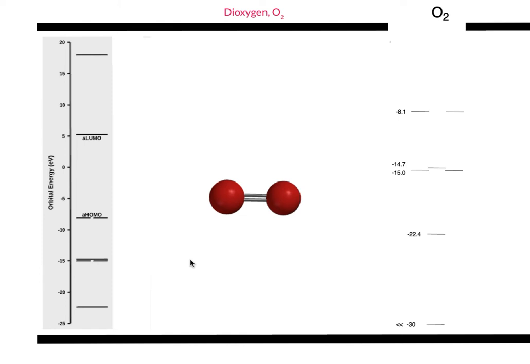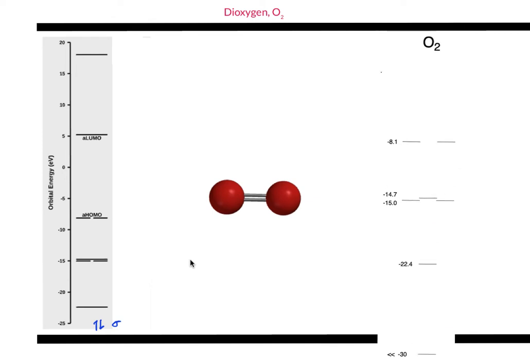The sigma molecular orbital, coming from 2s plus 2s overlap, is so low in energy that it does not show up in the Spartan calculation. The lowest energy that does show up in the Spartan calculation is at minus 22.4 electron volts.